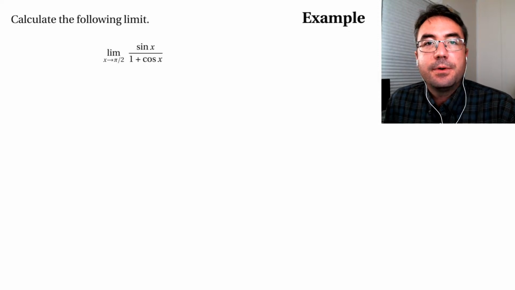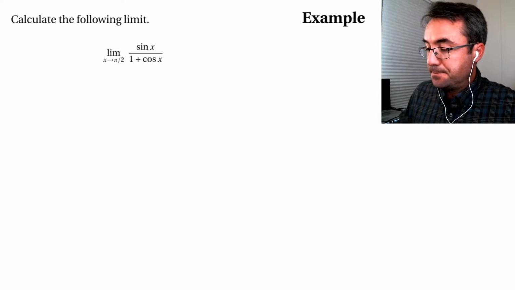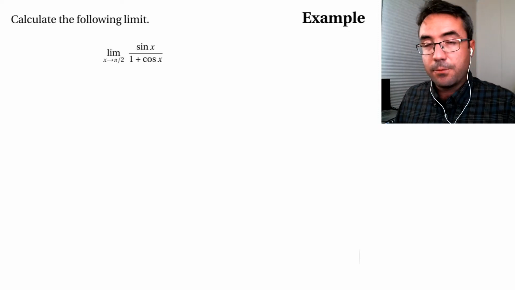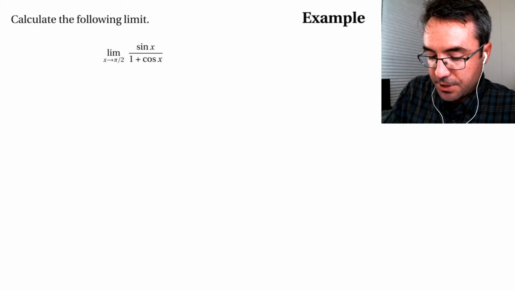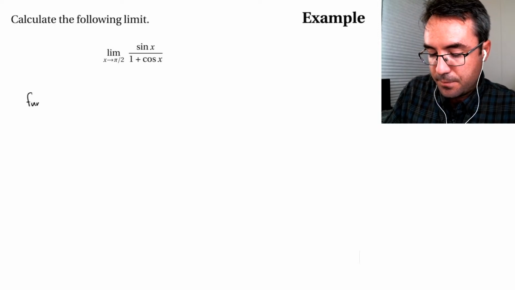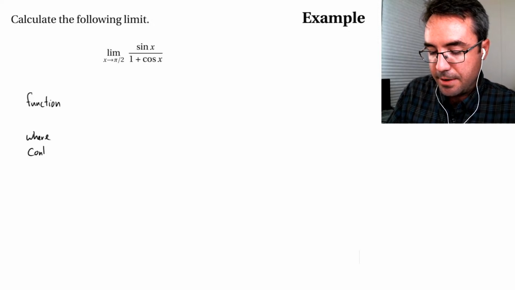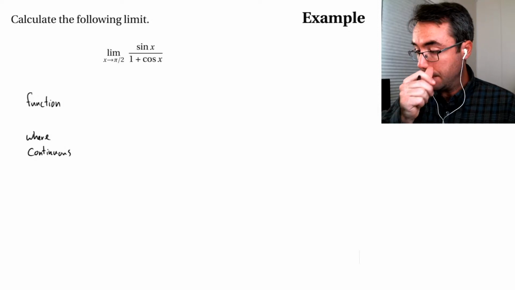And we want to calculate this limit. And so to do that, we're going to use continuity. So let's first talk about all the arithmetic that's going on in our function, and then identify the intervals where our function is continuous.